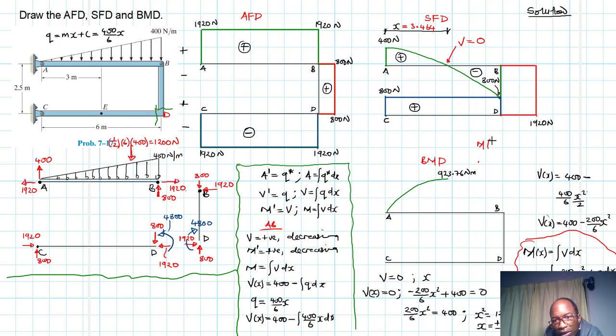So M of x at 6 is equal to minus 200 divided by 18 times 6 cubed plus 400 by 6. Great, so it gives us exactly 0. It's closing.